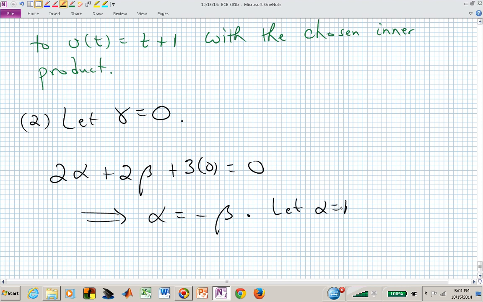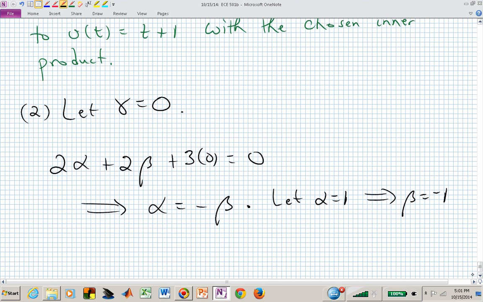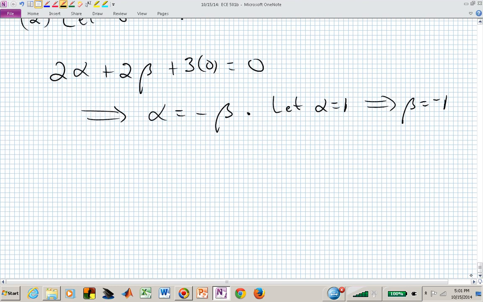If we let alpha, the leading coefficient, be 1, maybe, then we have the next coefficient being its negative, or minus 1, and now we have a second polynomial, w sub 2, is alpha times t squared plus beta t, or that's t times t minus 1.